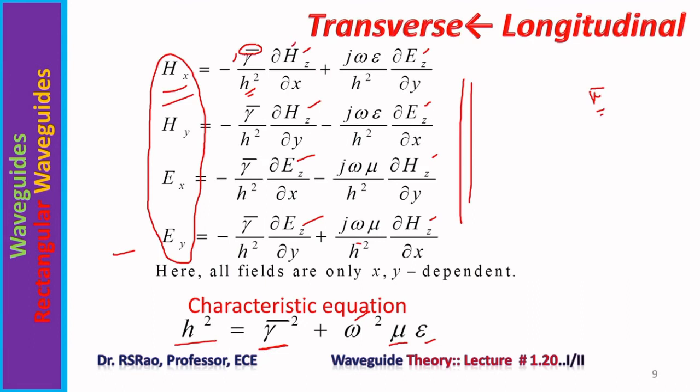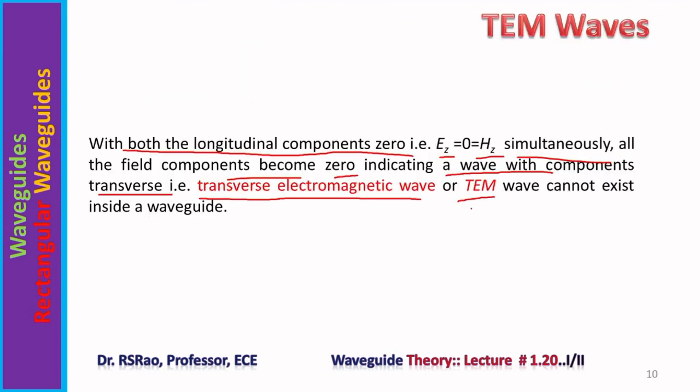For example, put Hz = 0 and Ez = 0. What is happening here? Hx, Hy, Ex, Ey all become zeros. So in total Ex, Ey, Ez, Hx, Hy, Hz are all 0. It means E is 0 and H is 0, both fields are 0, therefore the wave is 0. Wave cannot exist. Therefore, with Ez = 0 and Hz = 0, which means a TEM wave, the wave cannot exist.